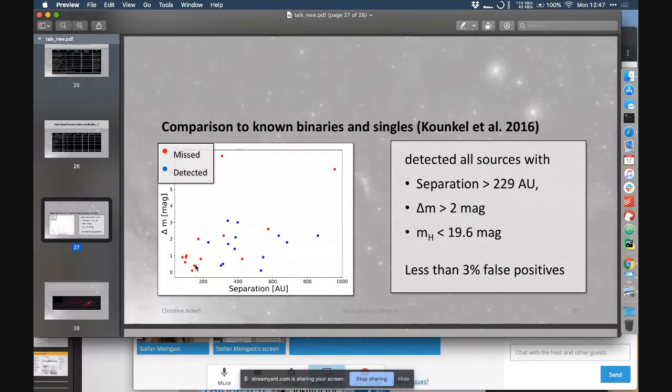The red ones are all we miss, and the blue ones are the ones we detect. So this is one way to determine the completeness. The other way is by adding fake stars and doing the analysis with fake stars again. But I haven't done it so far.